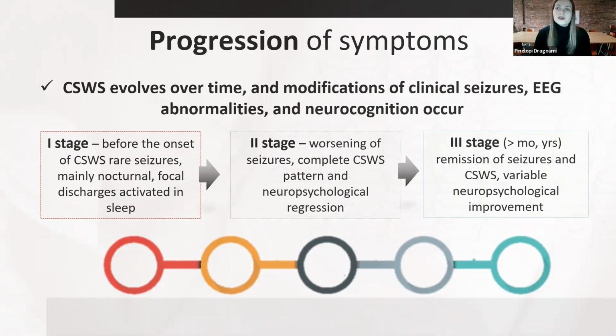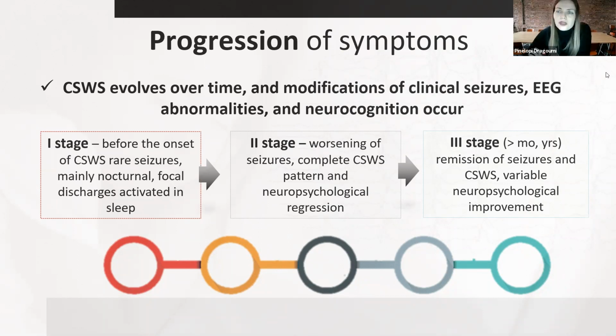Typically there is a progression of symptoms in cases of SS. At the first stage we might have rare seizures, mainly nocturnal, and some focal discharges that become more aggravated during sleep. Then there's the second stage where we have worsening of seizures, the complete EEG pattern and neuropsychological regression.